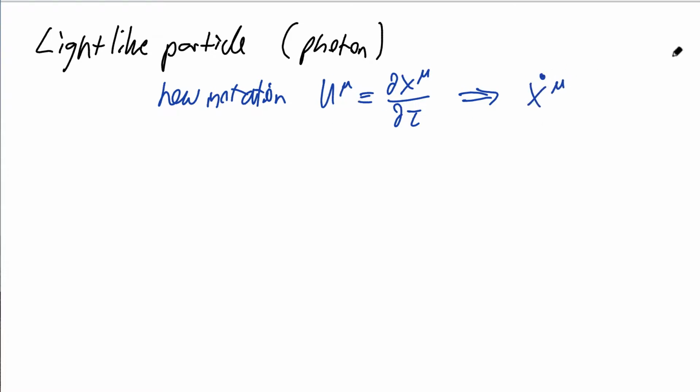So the dot here will refer to differentiation with respect to some affine parameter λ. So this is x-dot^μ, a function of λ. And also recall that the energy for a photon is equal to Planck's constant times the frequency. So h is Planck's constant.